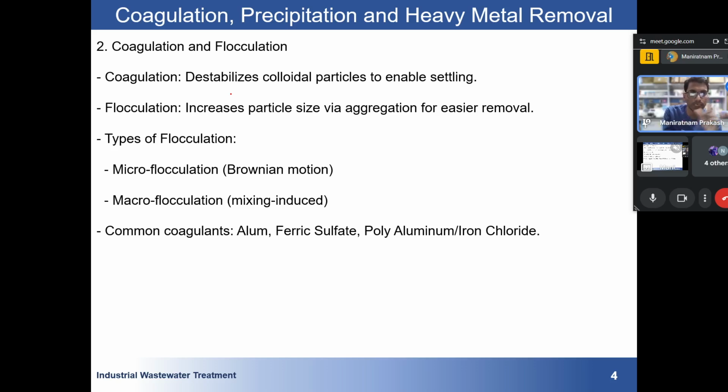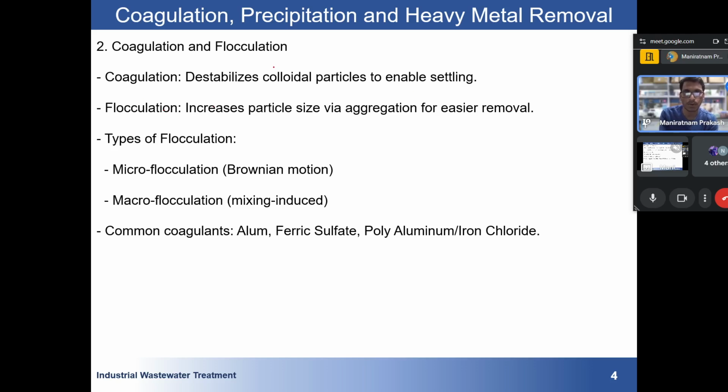The particles will start to form a kind of agglomerate, known as flocs. Smaller particles get attached by electrostatic force, so the weight finally increases and it settles. First there is addition of chemicals, then formation of flocs, and finally settling. The particle size increases by aggregation for easier removal.